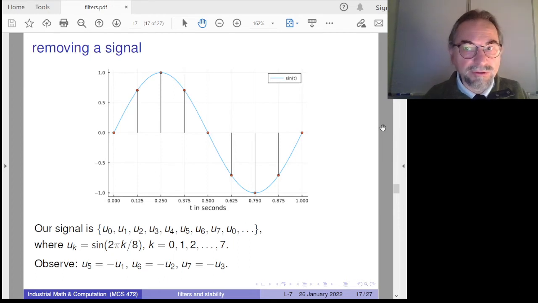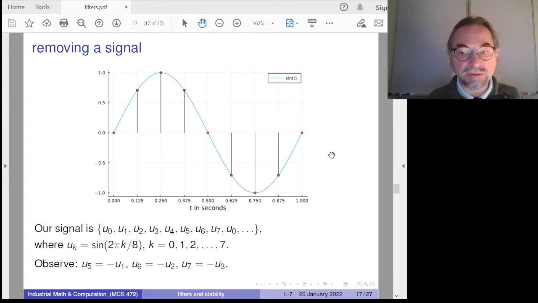Okay, so what good does this do? Well, we could actually see that after half a second, the signal already repeats itself, but then with a flipped sign. So there's more structure to the sine than just this periodicity.